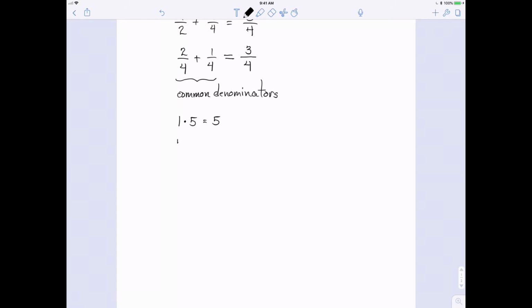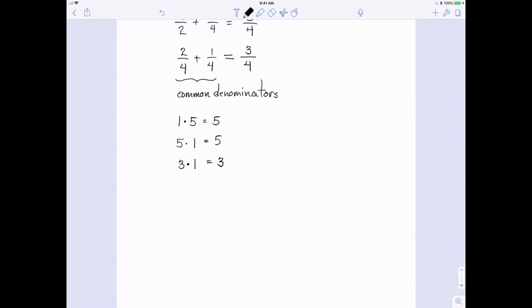What if I switched the order and asked, what's 5 times 1? Most of us are comfortable with the commutative property of multiplication, meaning that you can switch the order and the result stays the same. That's again 5. Now, what if I took 3 times 1? The answer is simply 3.